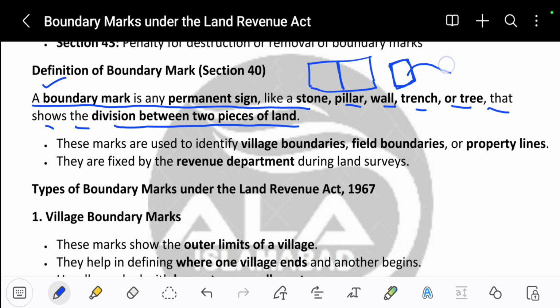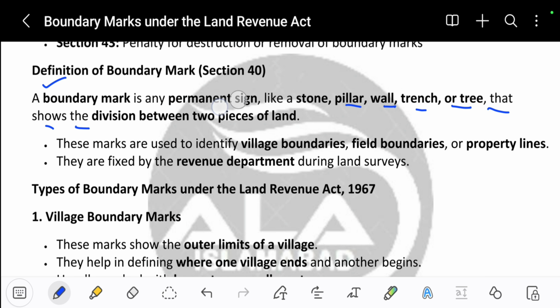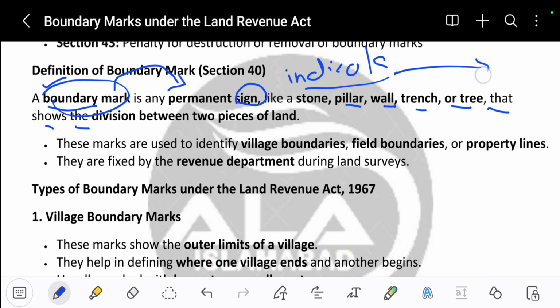Your house is not connected to the other person's house. Even if it is connected, they do have their own boundaries, right? So these boundaries are mentioned here. You have to write that boundary marks are permanent signs or indicators that indicate that this land belongs to this person and that land belongs to that person.